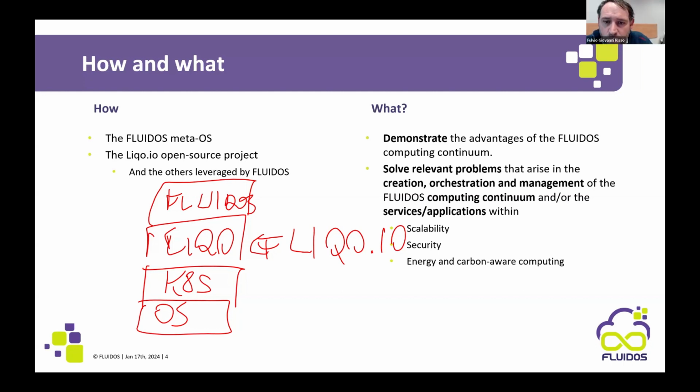Okay, there's a question from Georgos. You mentioned that you support ROS. Is the idea to distribute a ROS node to various devices using FLUIDOS, and how do you facilitate the communication between them? So yes, we support ROS.